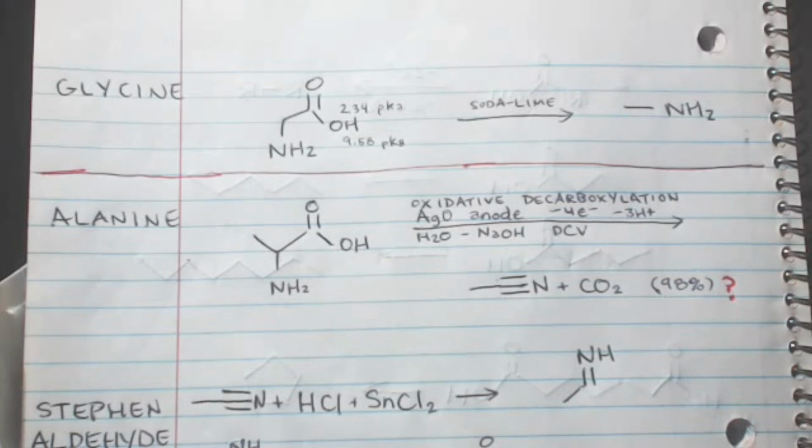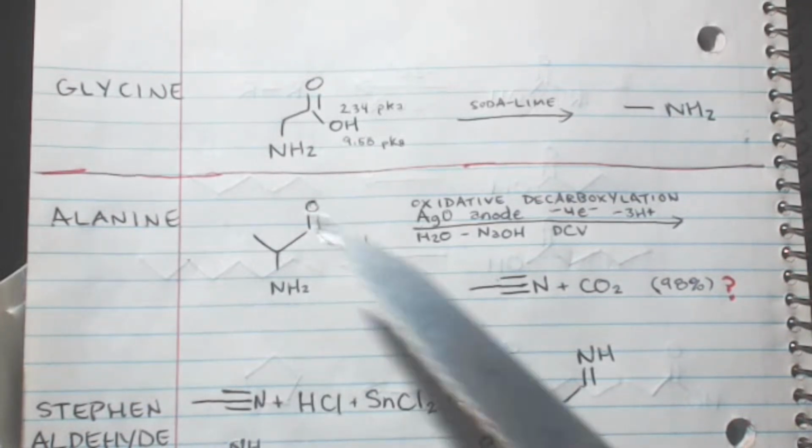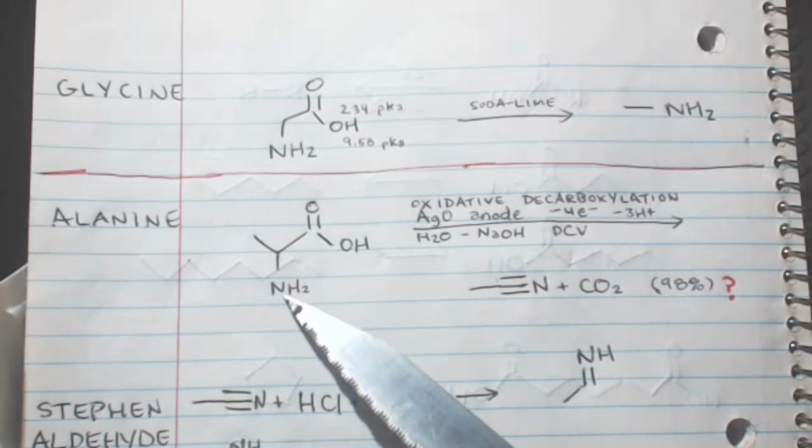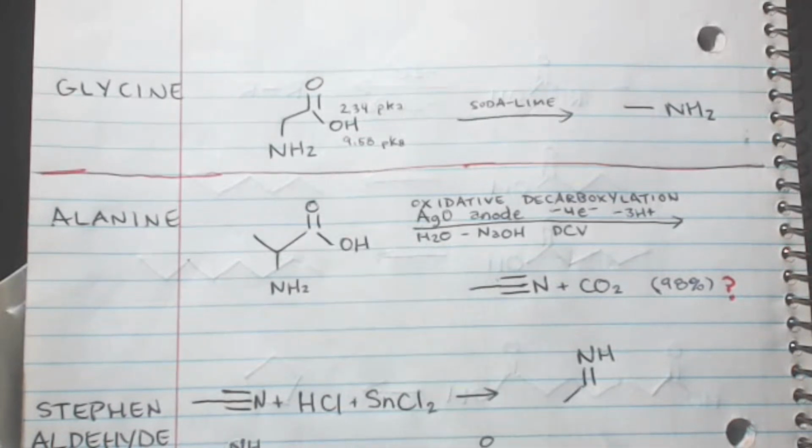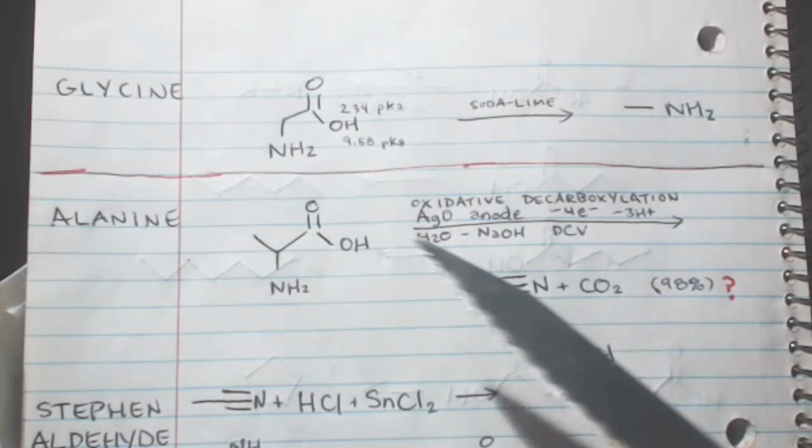And the next reaction, now we're back to electrolysis. Most of these are electrolysis. Now, alanine, that's just propanoic acid with an alpha amino group, right? It's an amino acid. Throw some DC on it, and you'll do an oxidative decarboxylation.